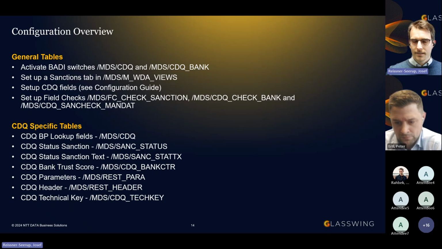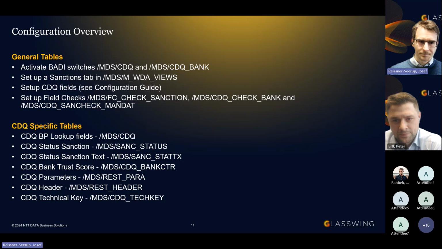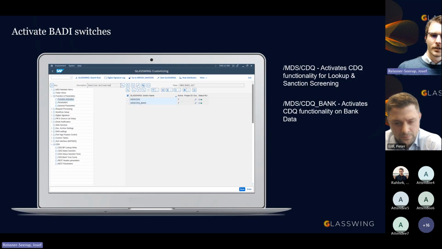Of course, details can then be found in the configuration guides, or you can reach out to your consultant, or of course to Peter if you're not a customer already. Good. The first step is to activate the functions via switches in the table. There are two switches. One turns on the lookup and the sanction screening. The other one is used for the bank data service.